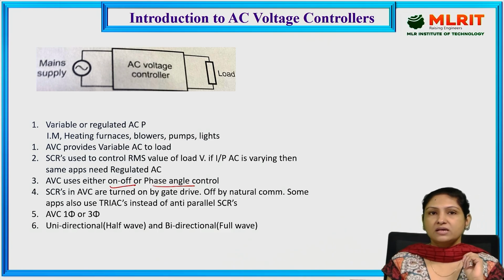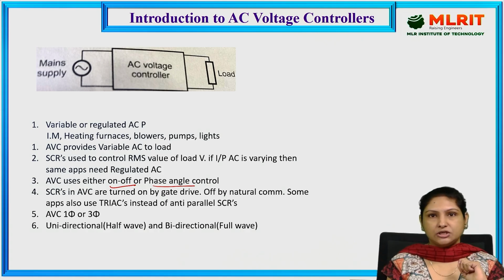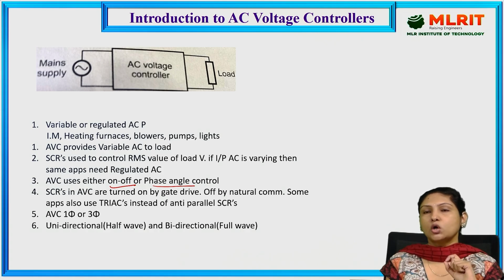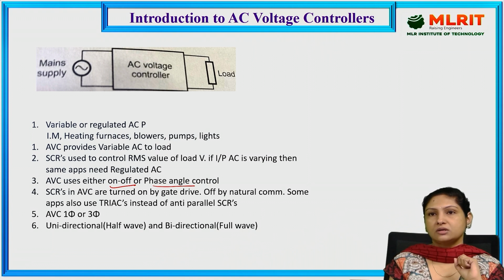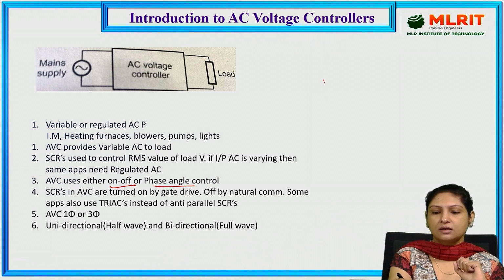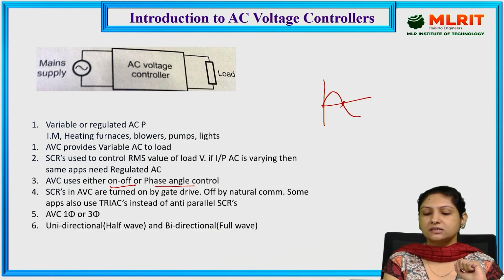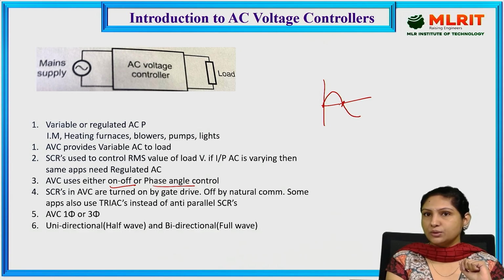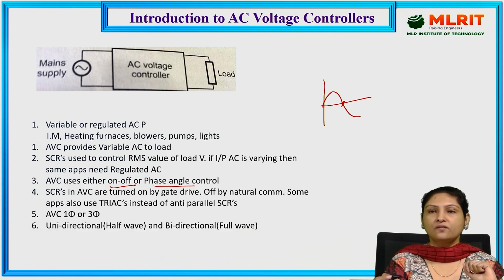And here AC voltage controllers are turned on by a gate drive and turned off by natural commutation. Natural commutation in the sense, since the input voltage is AC, the moment when the supply voltage goes to 0, at that instant, since after 0 it is passing through the negative half cycle, the thyristor will be turned off naturally.